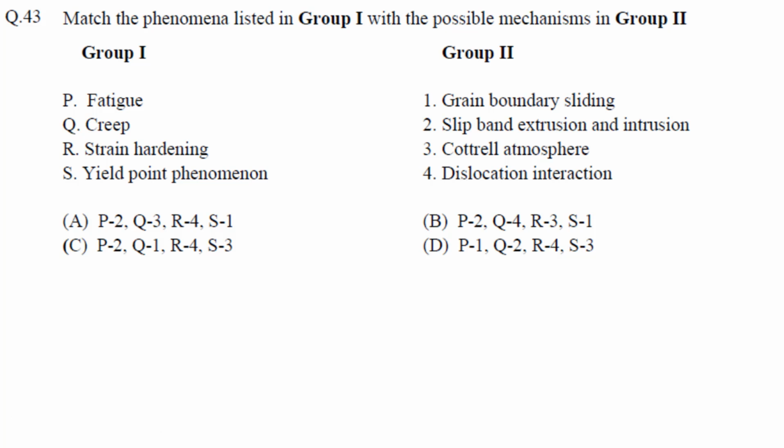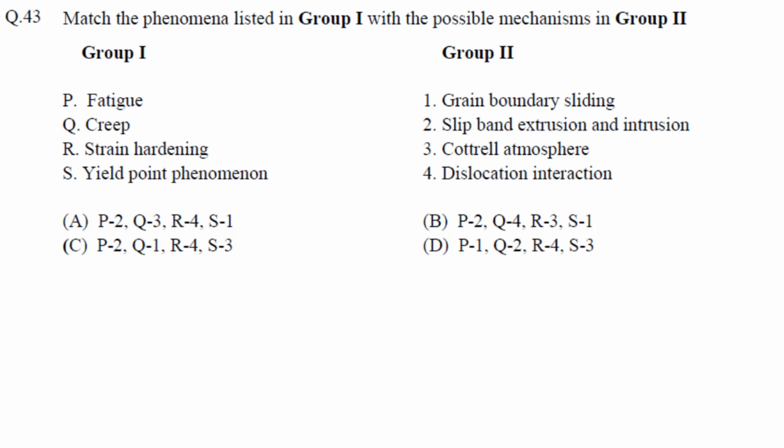Question number 43. Match the phenomenon listed in group 1 with the possible mechanism in group 2, right? So first, these are the things like fatigue, creep, strain hardening, okay guys. Then yield point phenomenon.